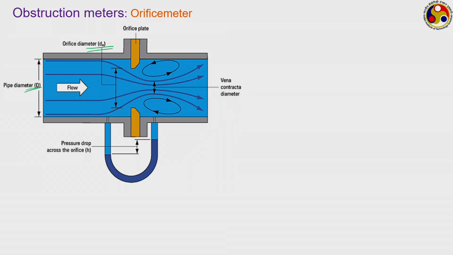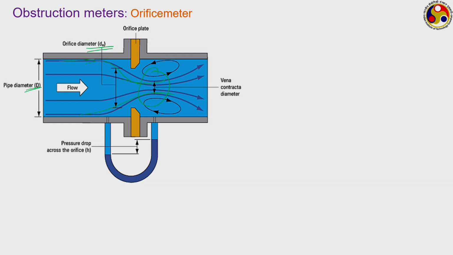As we are putting this in, the fluid flow has to adjust itself. Accordingly, we will find the fluid which is flowing smoothly will contract initially and reach the smallest possible area somewhere here, not exactly at the orifice but a bit downstream of that, which is known as the vena contracta.